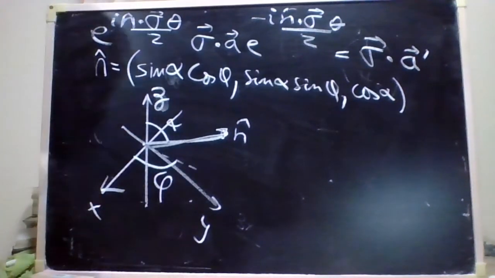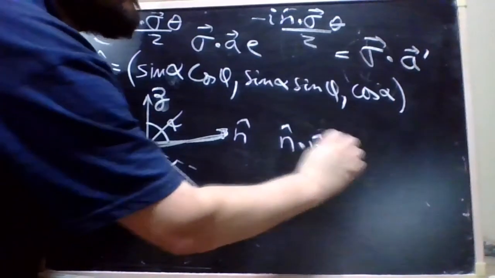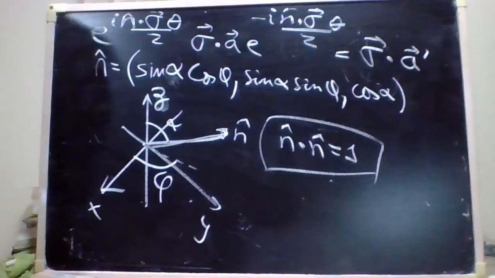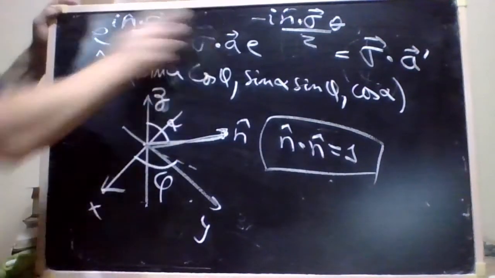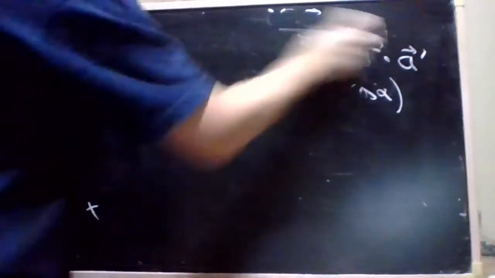All right. So this is the n vector. The n vector is normalized to unity, but I will use a simpler form of this problem. All right. I'll use a simpler form of this problem, which is the following.